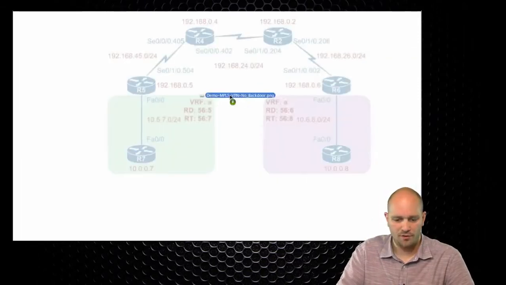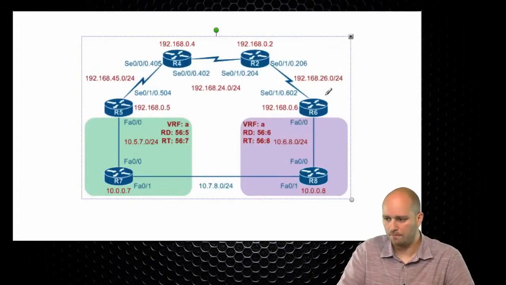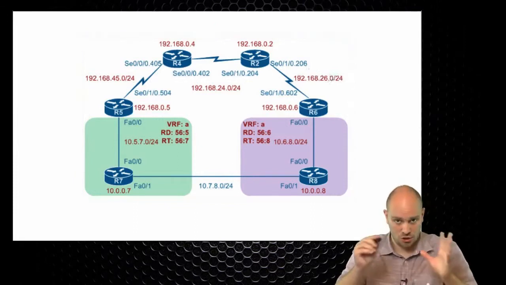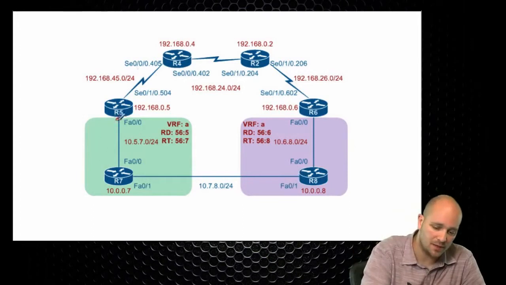So I'm just buying myself time now because I want to drag one other thing here into the mix. So this is the new network here that we are going to be running. The only change that we are going to have here is now that there is this link between R7 and R8. So we are still running OSPF here.